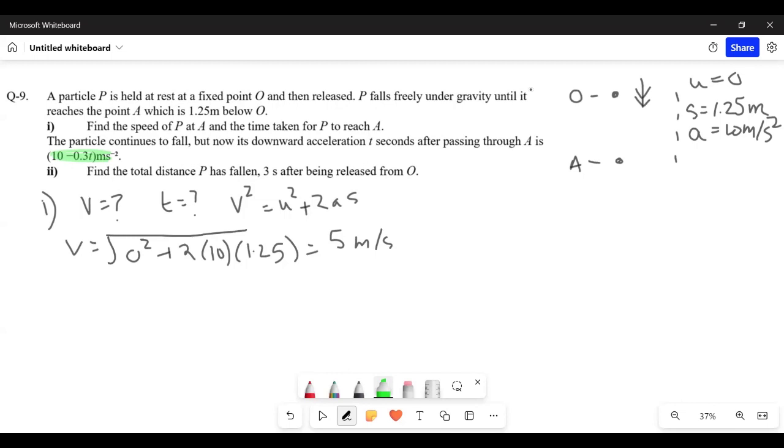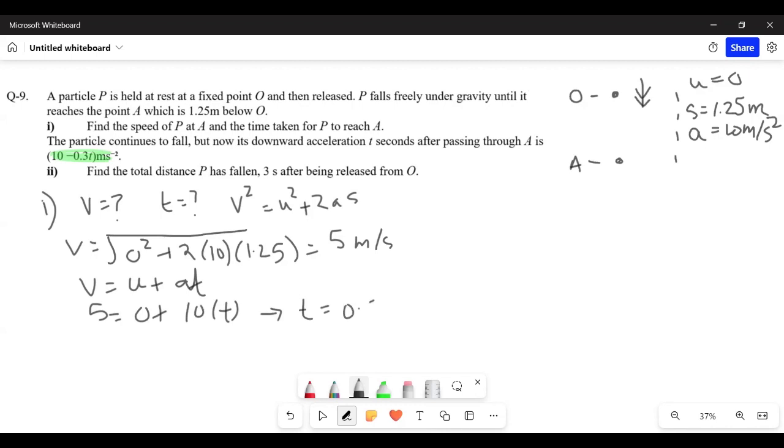Okay. So after, अच्छा हमने t भी तो निकालना था. I did not find t. So for t we can do v is equal to u plus at. So v is 5 is equal to 0 plus 10t. So t is 2.5 seconds.